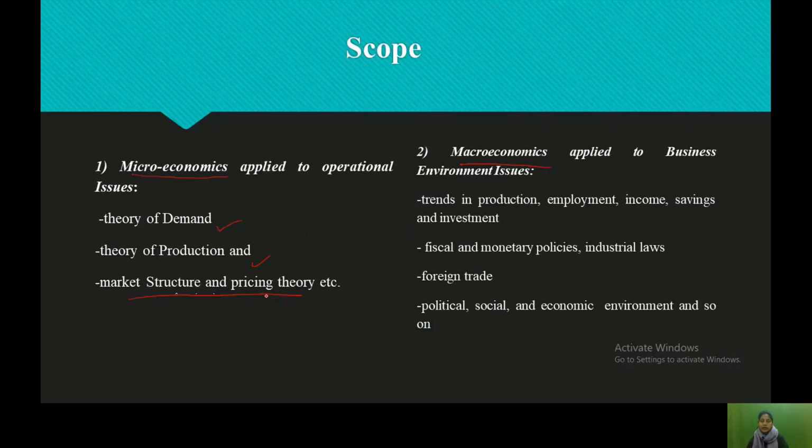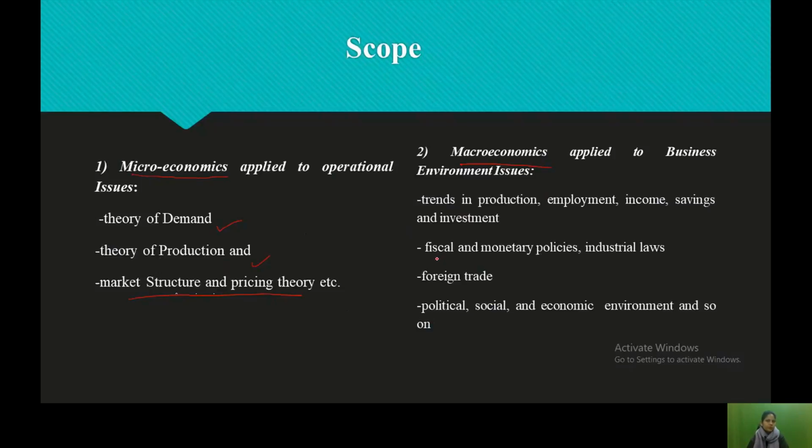Unless he has an idea about the market structure in which he is playing, he cannot arrive at a price. So he will of course use the cost theory as well as market structure and pricing theory. Also the theory of demand will be utilized in order to draw the demand curve and understand the market demand for the product.